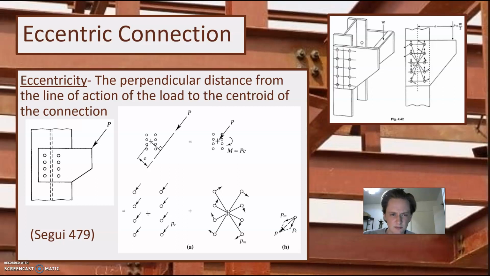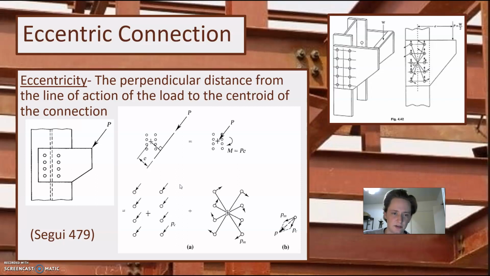That's shown by these diagrams, which are in Segui 479, our steel design textbook. Here we have our eccentricity represented by e, which shows the perpendicular distance from the point load, the line of action caused by the point load, to the centroid of the connection.